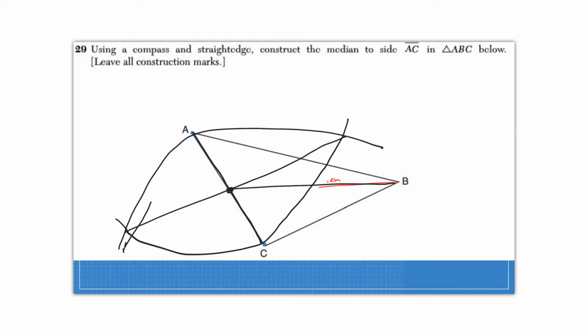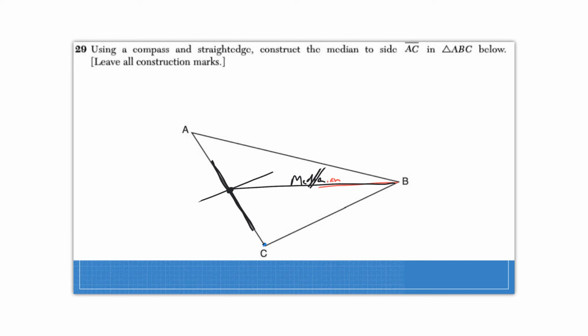That would look like this, and you still get the same median. So whichever way you like, either set your radius to the whole distance and copy it with center at A, and then center at C, or just set your radius to be a little bit more than halfway, and that should work just as well. But this is now the median.